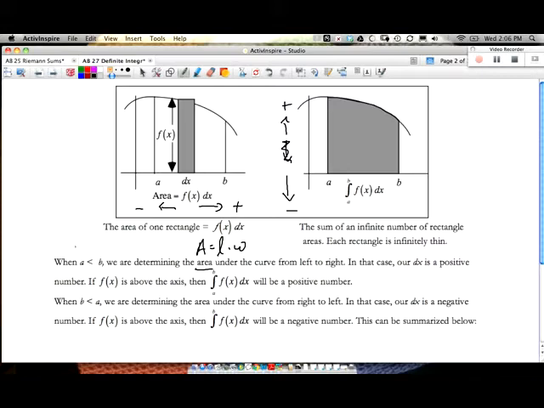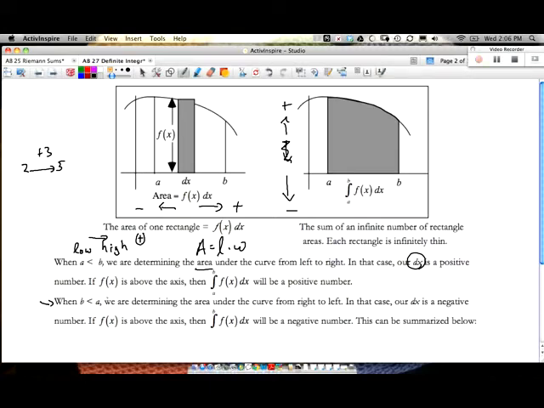If a is less than b, then I'm going from low to high, so I'm moving to the right. That's a positive movement, so our dx is going to be positive. Let's say I moved from 2 to 5. This distance in that direction is plus 3.